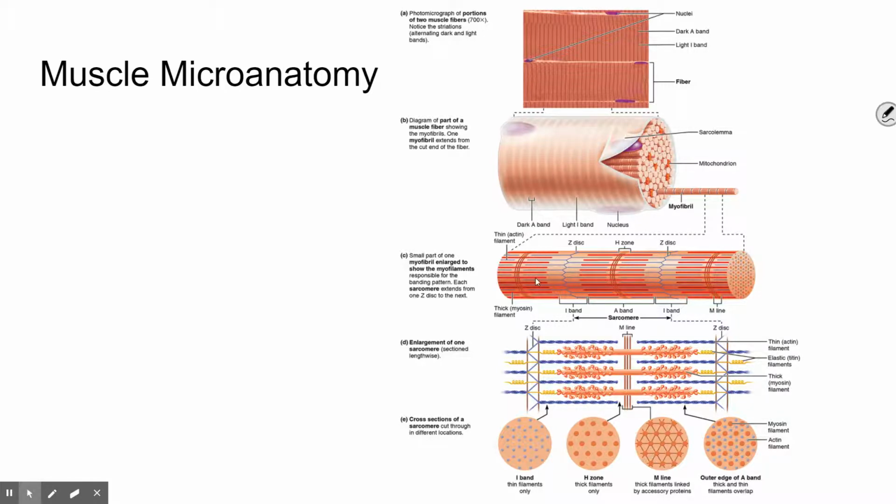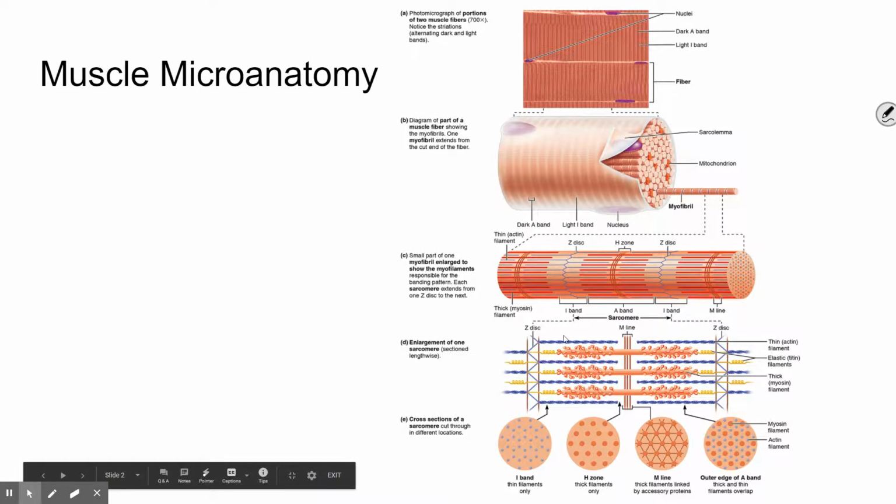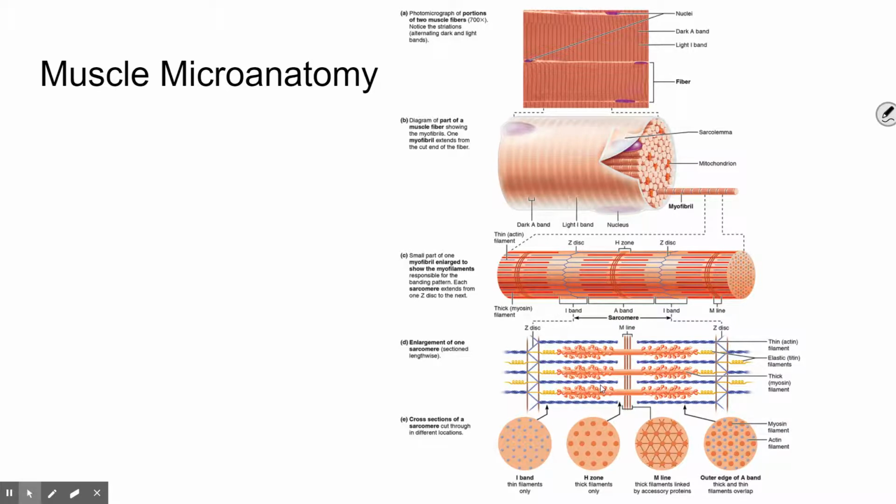You see here, this will be a dark band because these fibers are overlapping one another, and this light band is because there's not any overlapping. The sarcomere is known as the functional unit of the muscle cell, and this whole thing here is called a sarcomere, and it is made up primarily of two myofilaments.